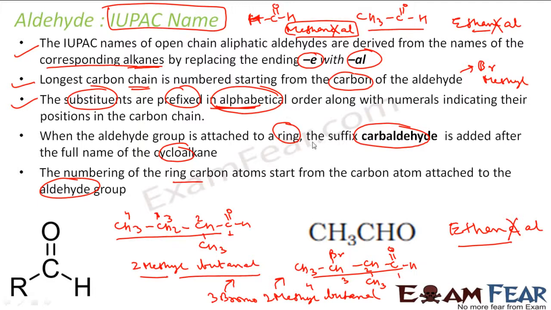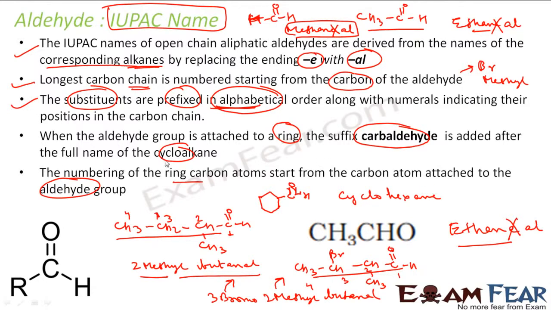This part is also done. Let's take one example of this ring. So let's suppose I have this cyclic compound, and here I have COH. Correct? So I have a cyclohexane and a carbaldehyde. So this name will be cyclohexane first, I'll write.